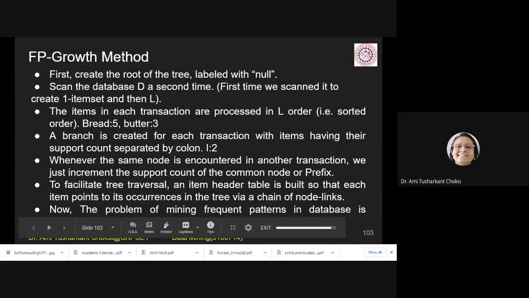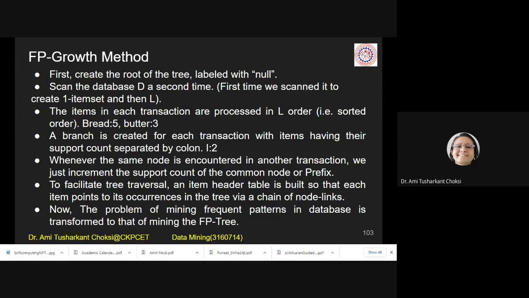Now, whenever the same node is encountered in another transaction, we just increment the support count of the common node or prefix. To facilitate tree traversal, an item header table is built so that each item points to its occurrences in the tree via a chain of node links.